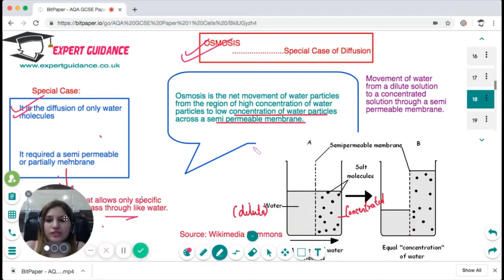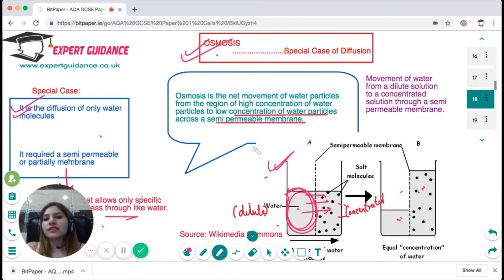If you see this diagram here, there is more water on the left because there is no solute. On the right, there are salt molecules, so it has less water. So water from the dilute solution, dilute meaning it has more water, passes through this semi-permeable membrane to the concentrated solution until the water concentration is equal on both sides, and this is known as osmosis.